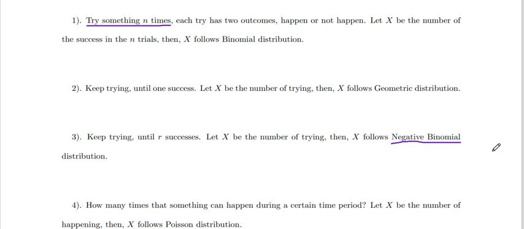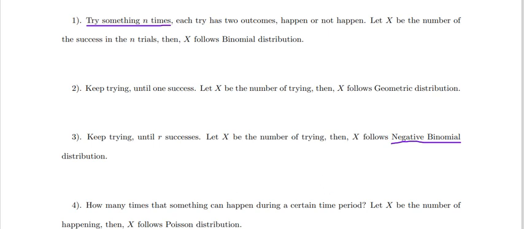So X, how many times you need to shoot? X should be at least r, right? So r, or r plus 1, or r plus 2, until infinity. So this is the negative binomial distribution.